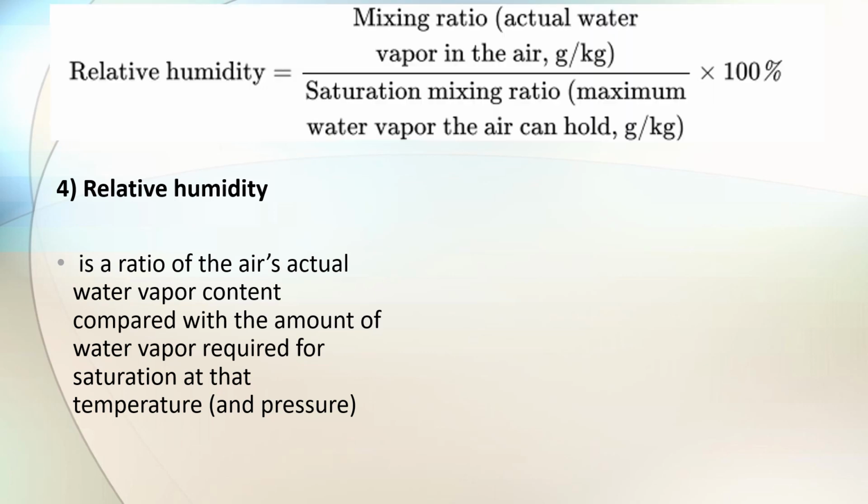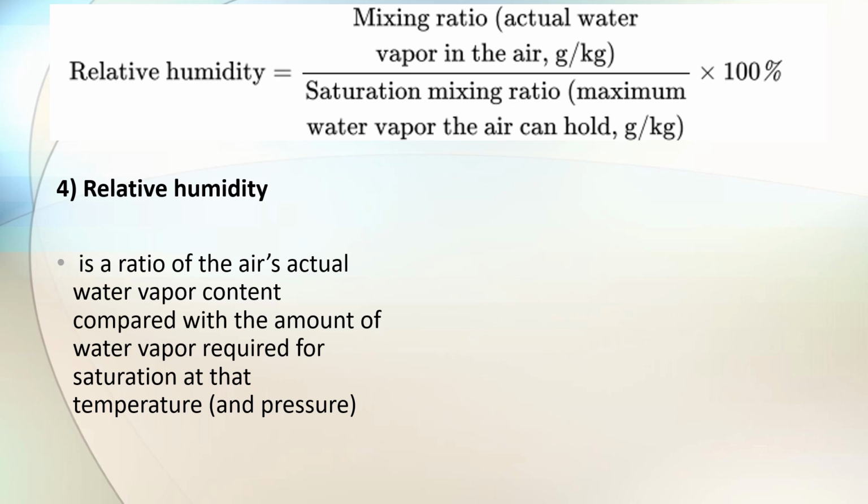In its formula, this is how you do it: the mixing ratio divided by the saturation mixing ratio. So relative humidity is the actual water vapor in the air over the maximum water vapor the air can hold. What does it mean? The maximum water vapor the air can hold involves the temperature and pressure.